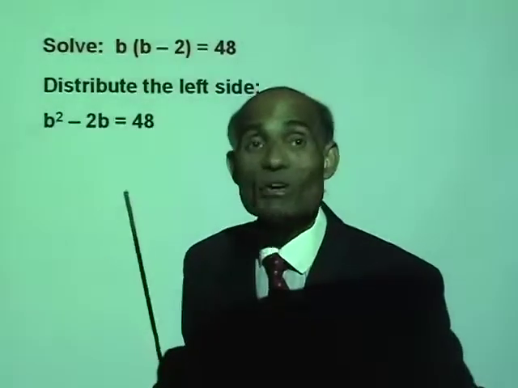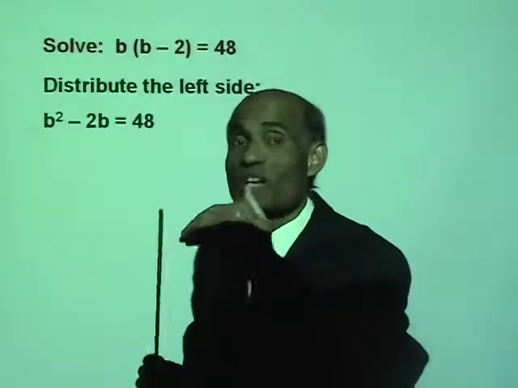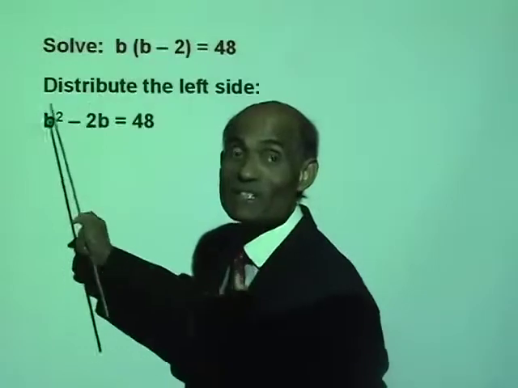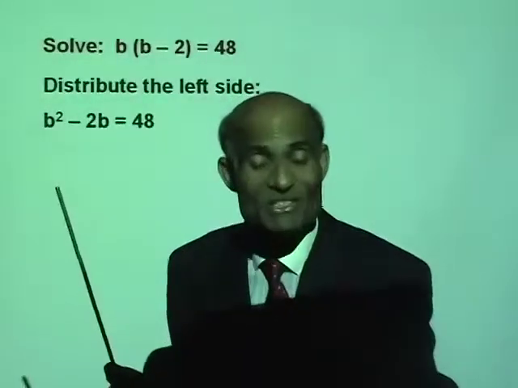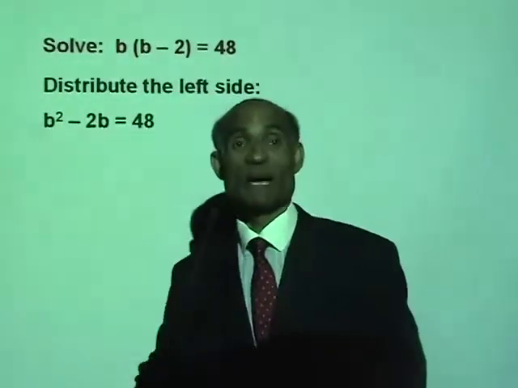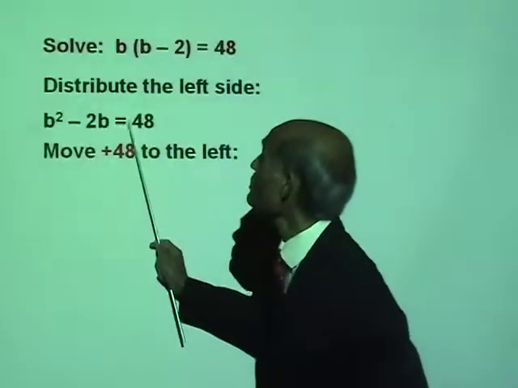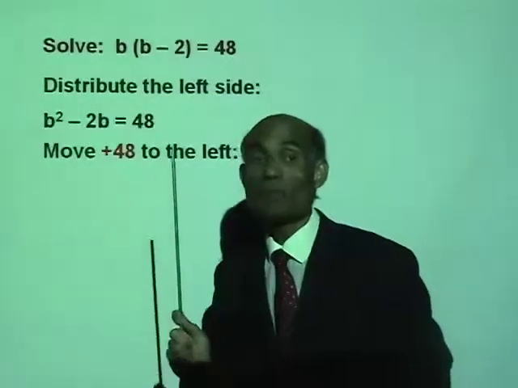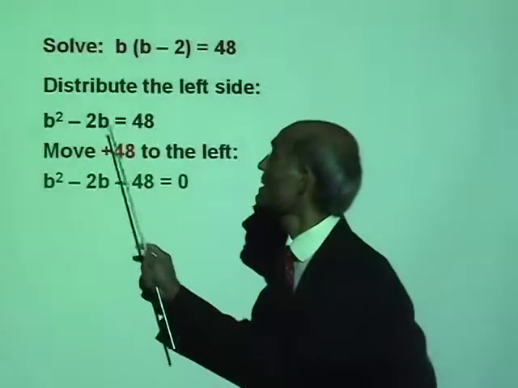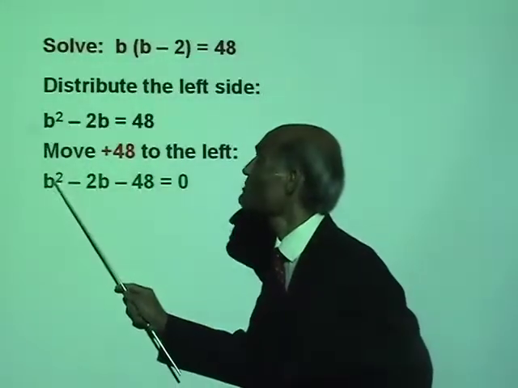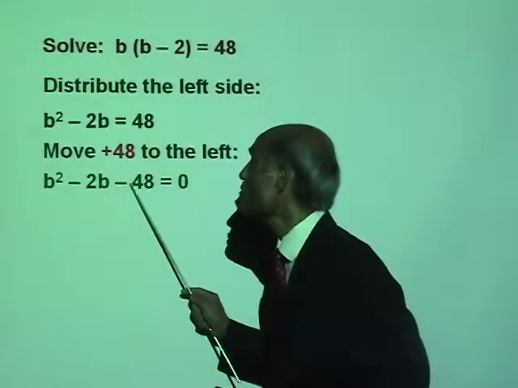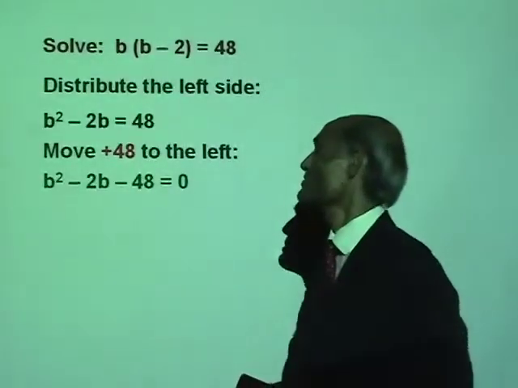Okay, now we are ready to move the 48 from the right to the left to make the right side 0. Move positive 48 to the left. It will become negative 48. So your equation now is b squared minus 2b minus 48 equal to 0.